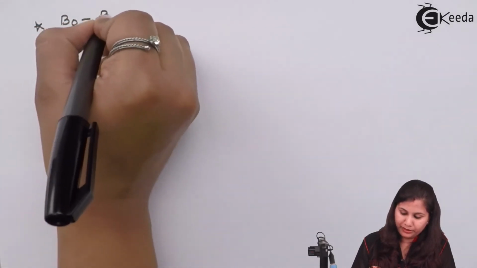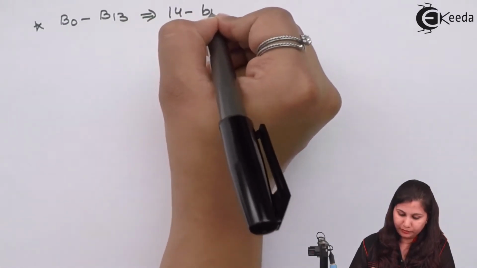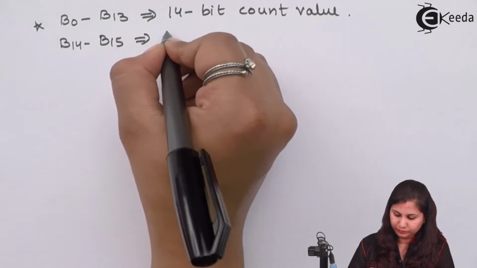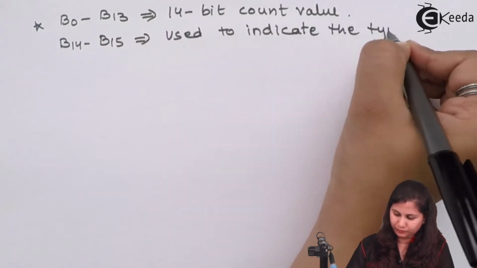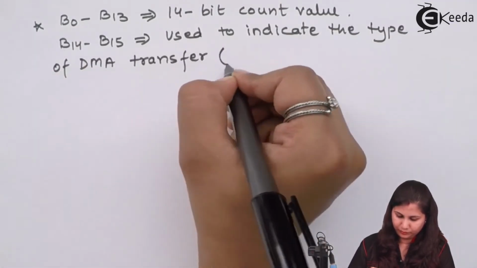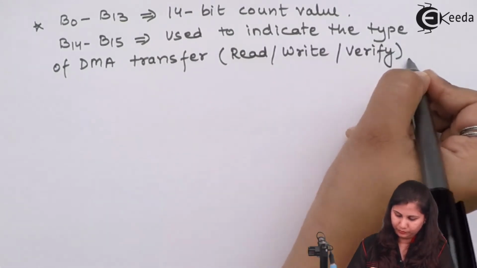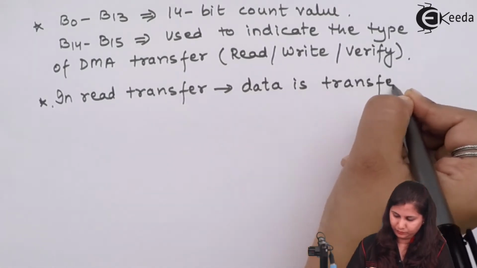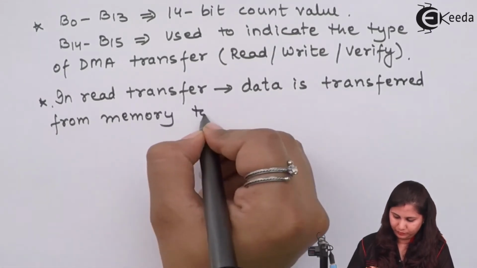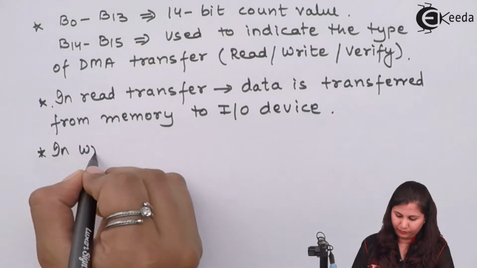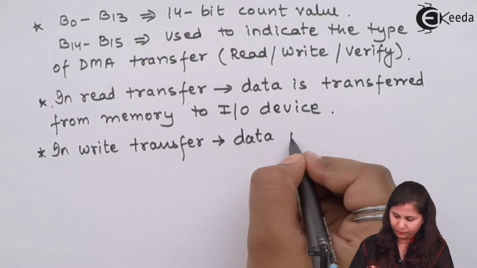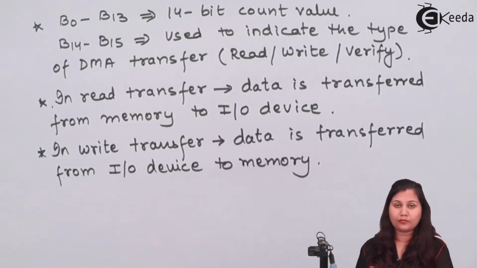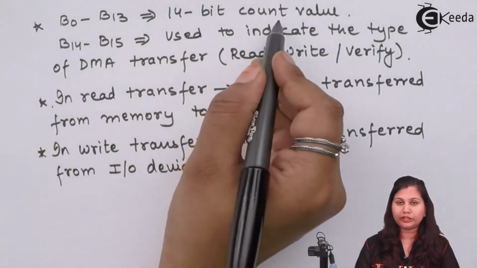The bits B0 to B13 are the 14-bit count value.